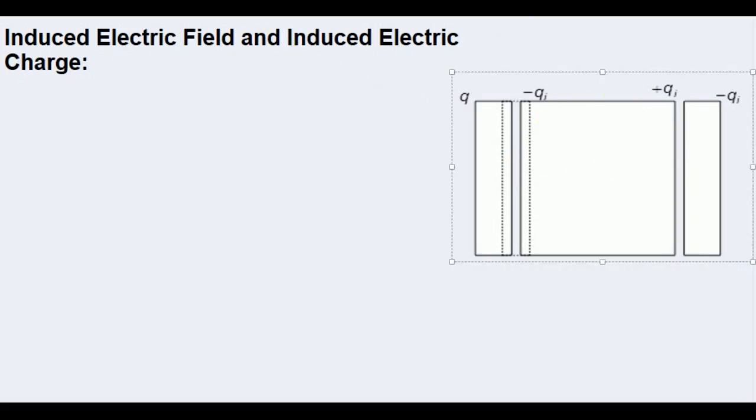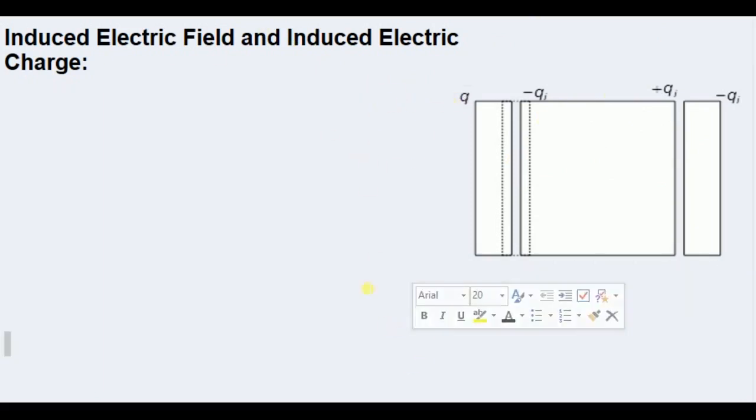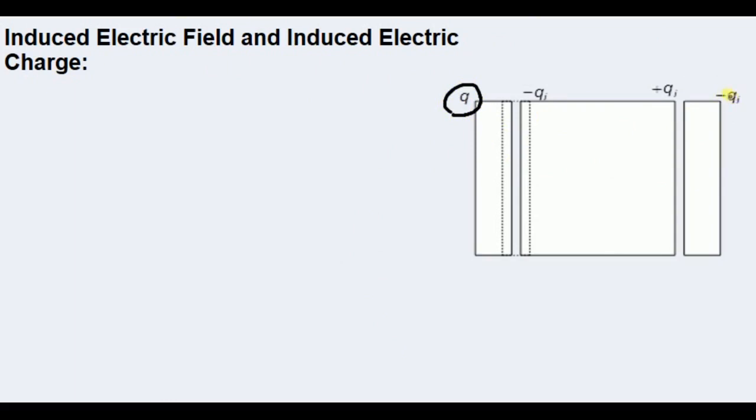Let plus Q and minus Q be the charges on the plates of the parallel plate capacitor, and minus Qi and plus Qi are the charges at the surfaces of the dielectric slab as shown in figure.